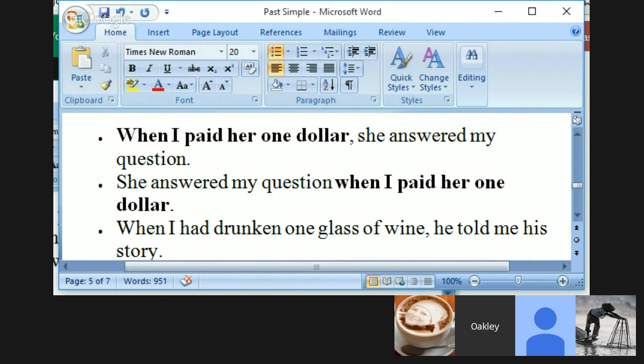But I could also make it past perfect to more or less emphasize the idea that this happened first and then this happened. And also, by making it past perfect, I'm emphasizing the idea that you finished the glass of wine. It was a finished action when he started to tell his story. It makes it just a little bit clearer that the glass of wine was done when he began to tell his story. And that's the past perfect there.